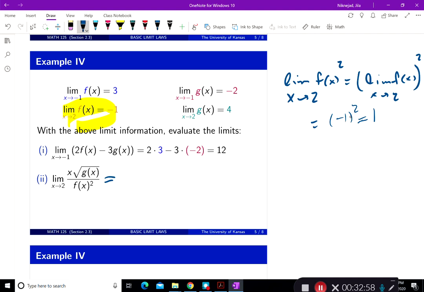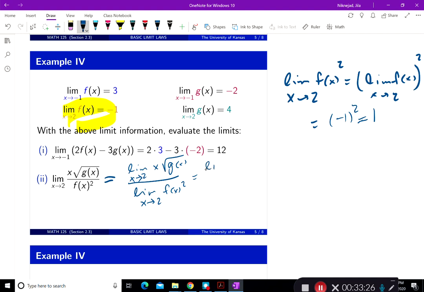I can basically find this as the limit of the numerator divided by the limit of the denominator. I have calculated the limit of the denominator. I don't want to do it twice, but now I have to use the product rule for the numerator.